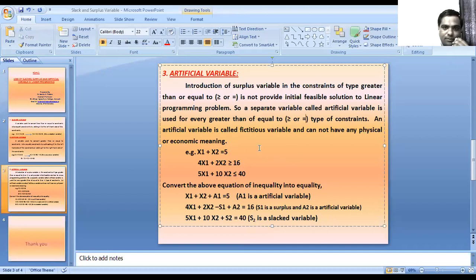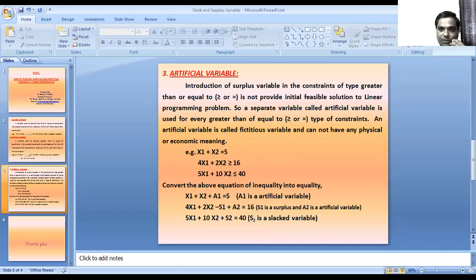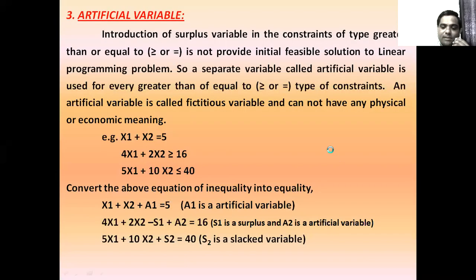So likewise we use these three variables: slack variable, surplus variable, and artificial variable in the linear programming problem for conversion of all inequalities into equality.